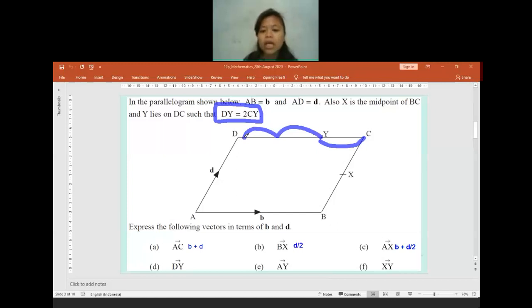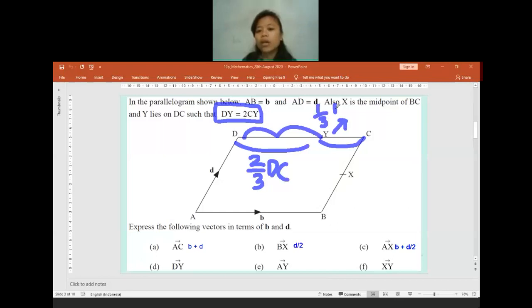So it means we divide the dc into 3 equal parts. Is it confusing? So later, in total, dy will be 2 per 3 of dc, and then yc in here will be 1 per 3 of dc.